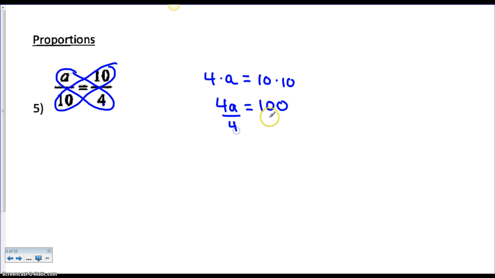Divide both sides by 4. I get a to be 25. Okay? So all I'm doing is multiplying the numerator and the denominator of these two fractions and then these two to get my value. So let's look at another one.